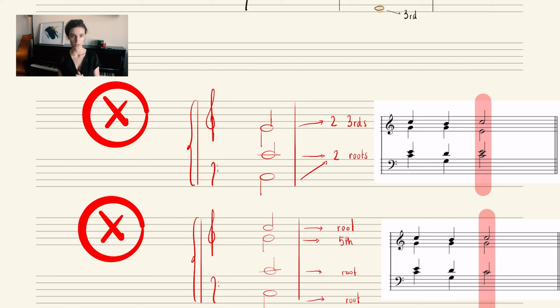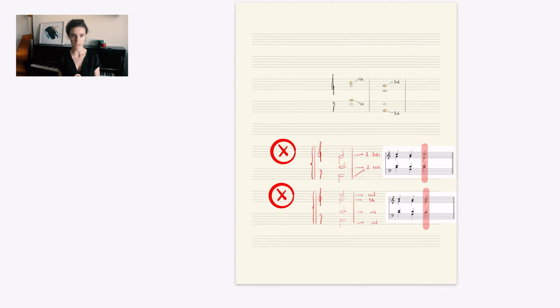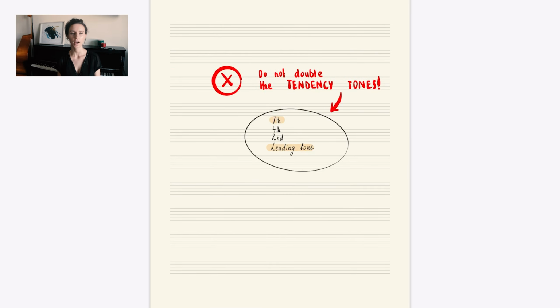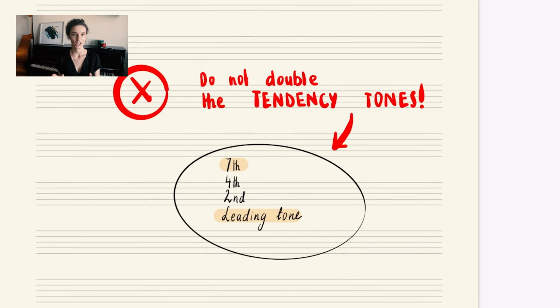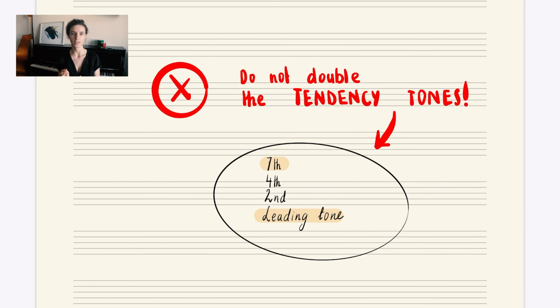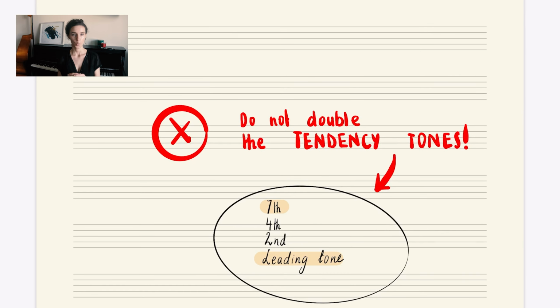Now, the 3rd rule of doubling is do not ever double a tendency tone. What is a tendency tone? Well, the tendency tones is a group of tones, and to this group belong the dissonances. For example, the 7th in the 7th chord.